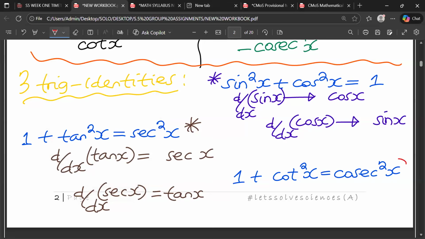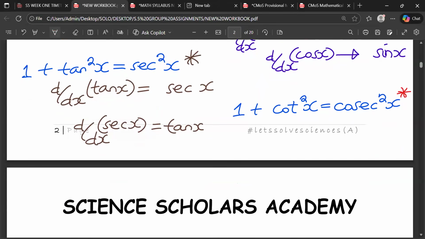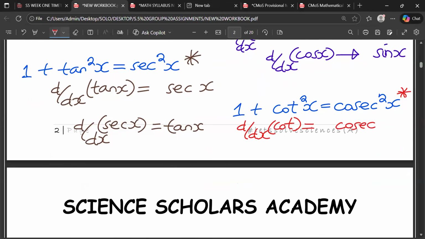In the third, cot is with cosec. So when I differentiate cot, cosec must come. And when I differentiate cosec, cot must also come.